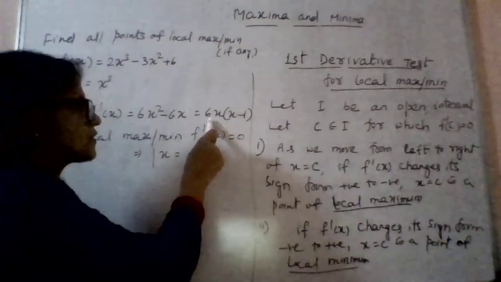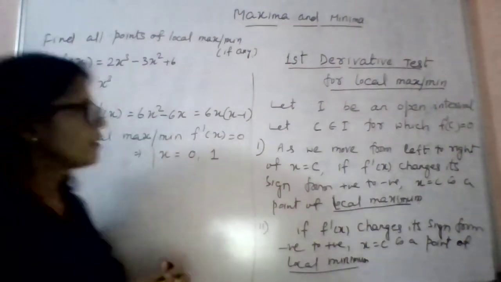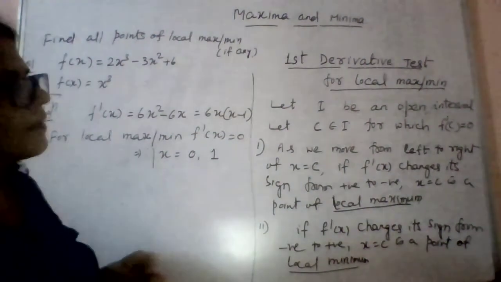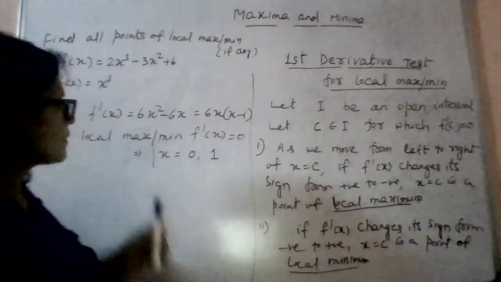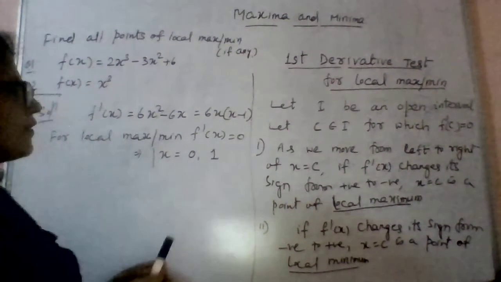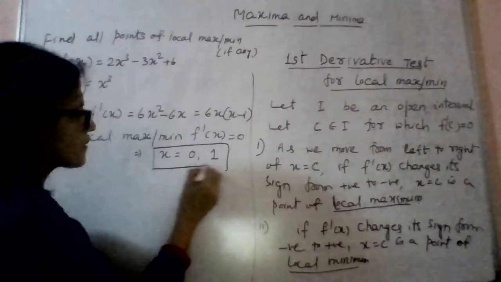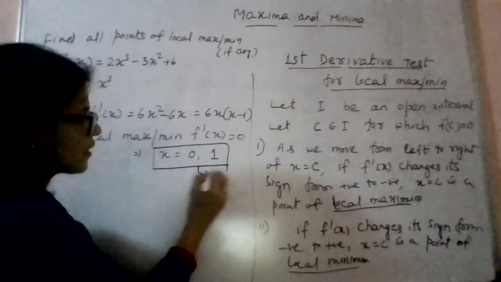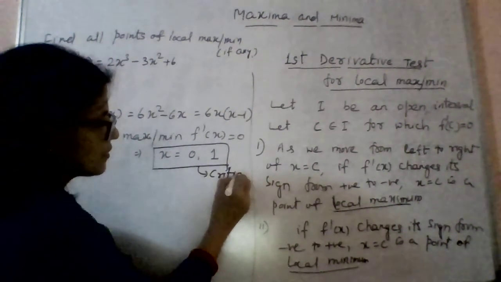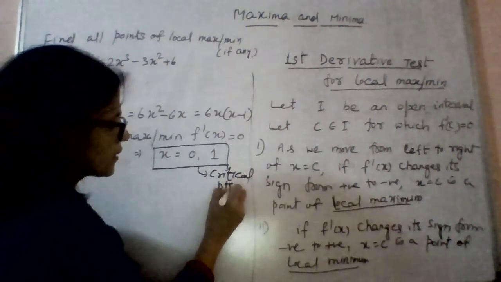It means 6x into x minus 1. Now for local maximum or local minimum, f dash x equal to 0. It means we are getting x equal to 0 and x equal to 1. So these are the critical points.